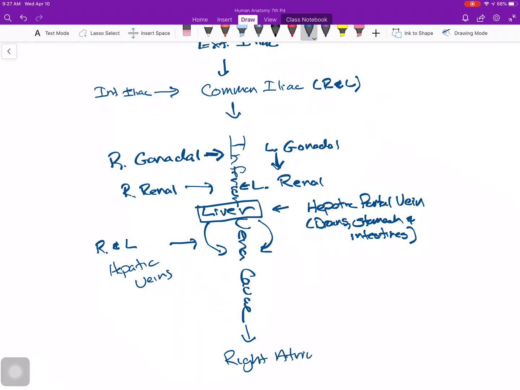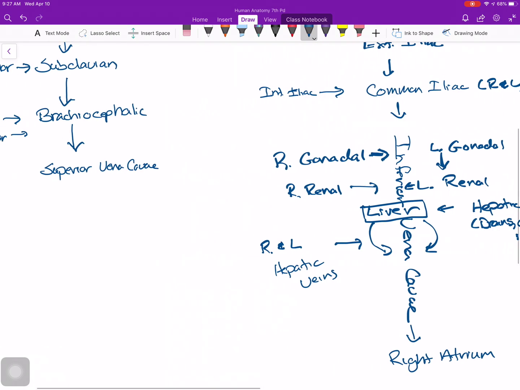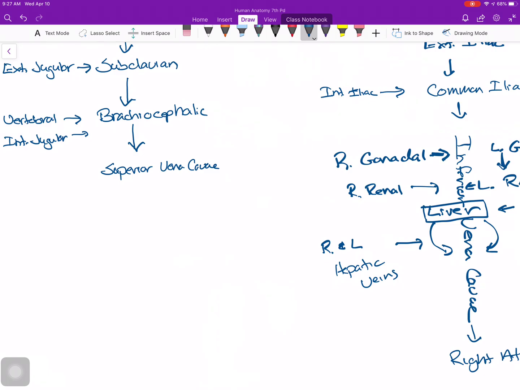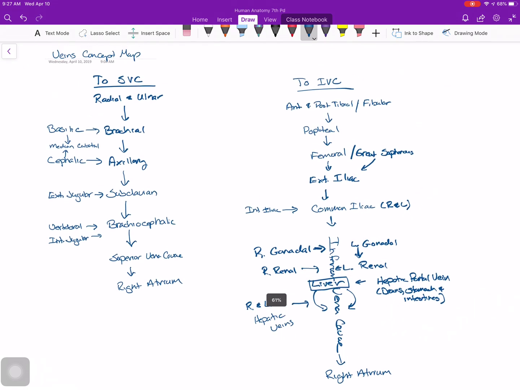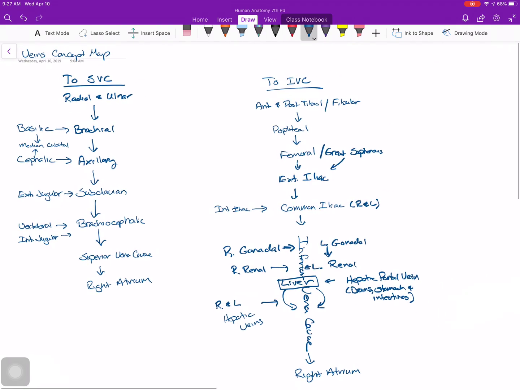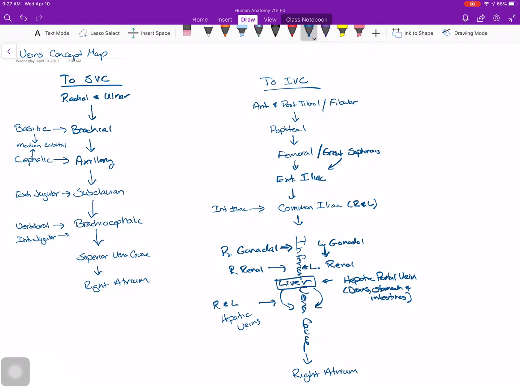And I guess to be consistent, I should put superior vena cava empties into the right atrium. All right, so let's bring this back so you can see this. So you've got two things that empty into the right atrium, the superior vena cava and the inferior vena cava. We'll go over this in class on either Monday or Tuesday.